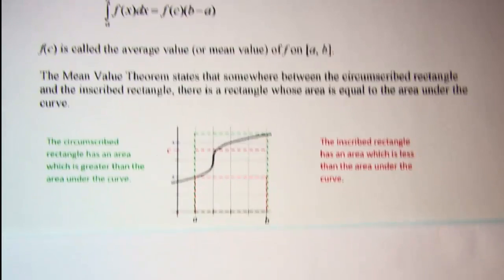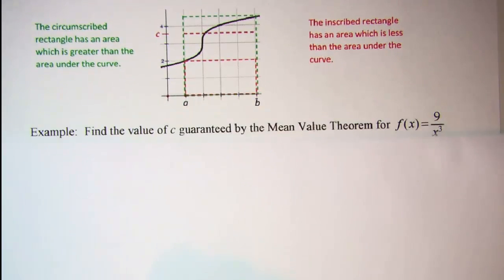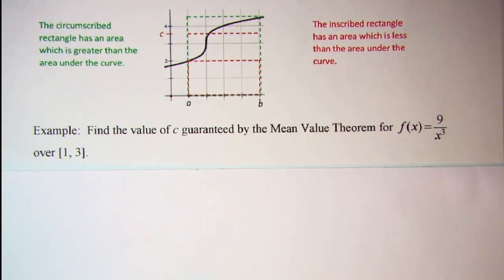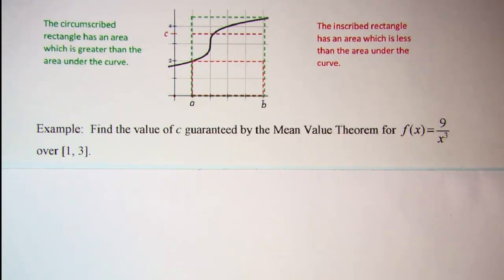Now let's do an example. Find the value of c that's guaranteed by the mean value theorem for the function f of x equals 9 divided by x cubed over the closed interval from 1 to 3.